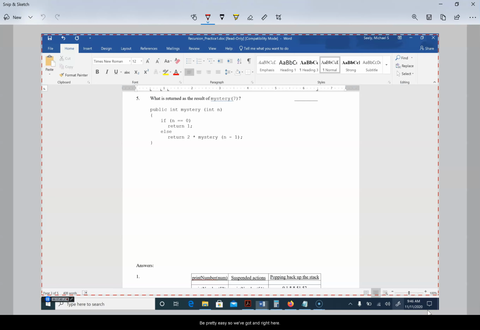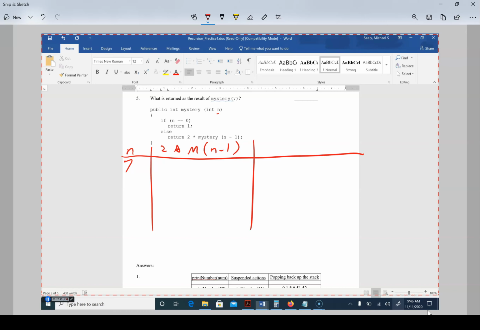So we've got n right here. n is 7. Then we have 2 times, I'm just going to call it m, n minus 1. And then, popping up the stack. So you've got 2 times m, and we've got 7 minus 1.